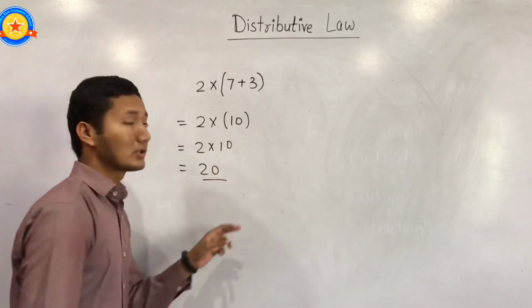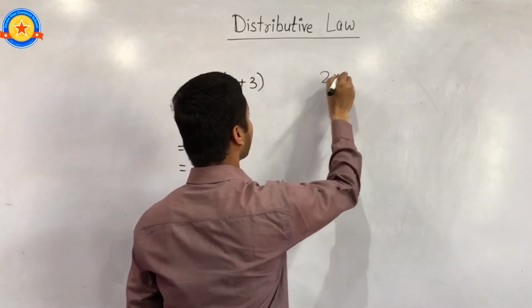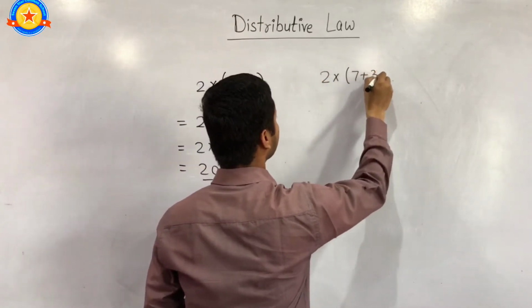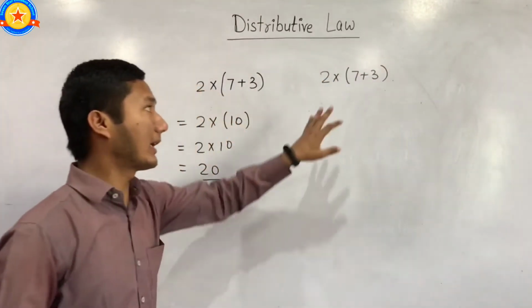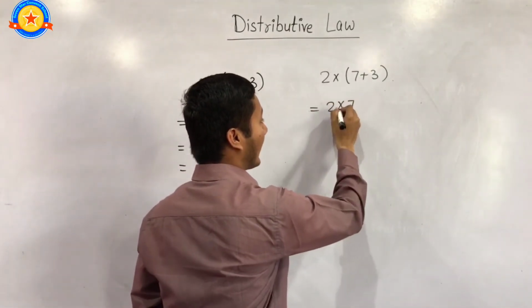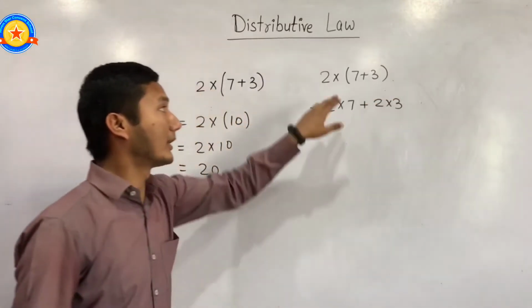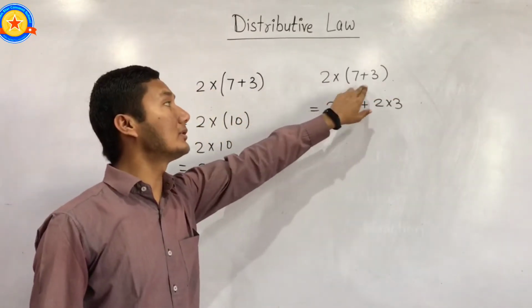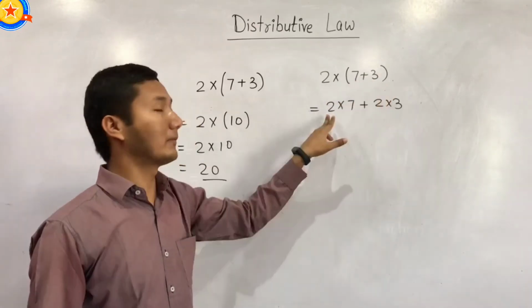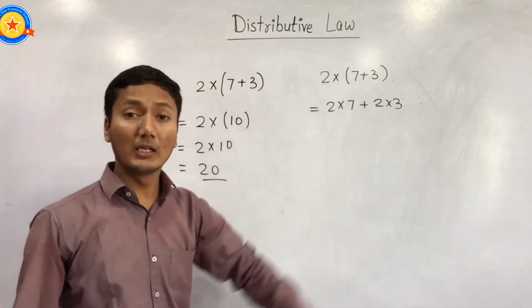But if we solve with the distributive law, then this question will be like 2 times (7 plus 3), and we can solve it like 2 multiplied by 7 plus 2 multiplied by 3. That means the 2 is distributed in two different parts. First we multiply 2 with 7 and then we multiply 2 with 3.